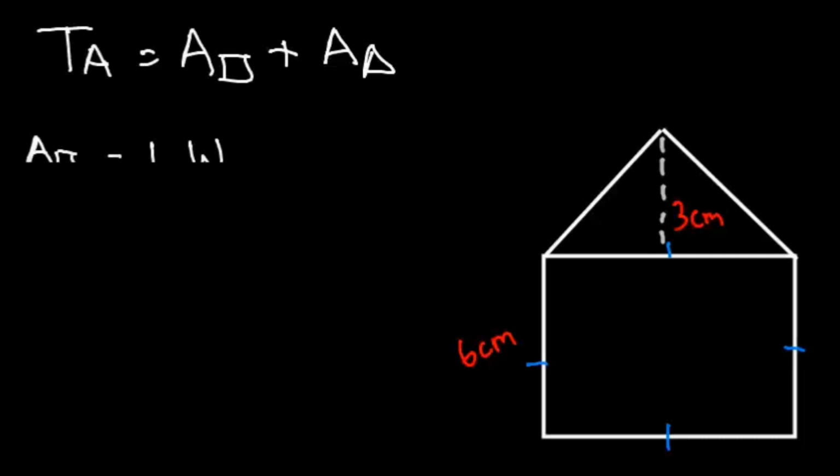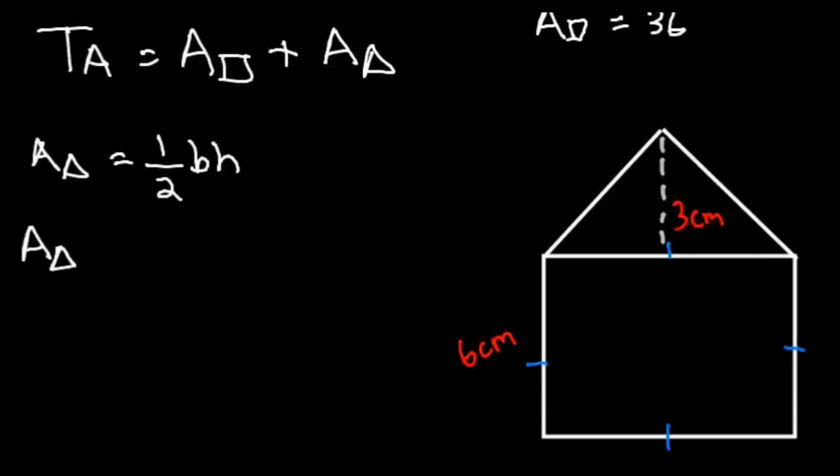Okay, let's delete that. Now we're going to be finding the area of the triangle, but first I'll just put the 36 up the top, and now we can write down the formula for area of a triangle, half base times height, and now we can input the values.